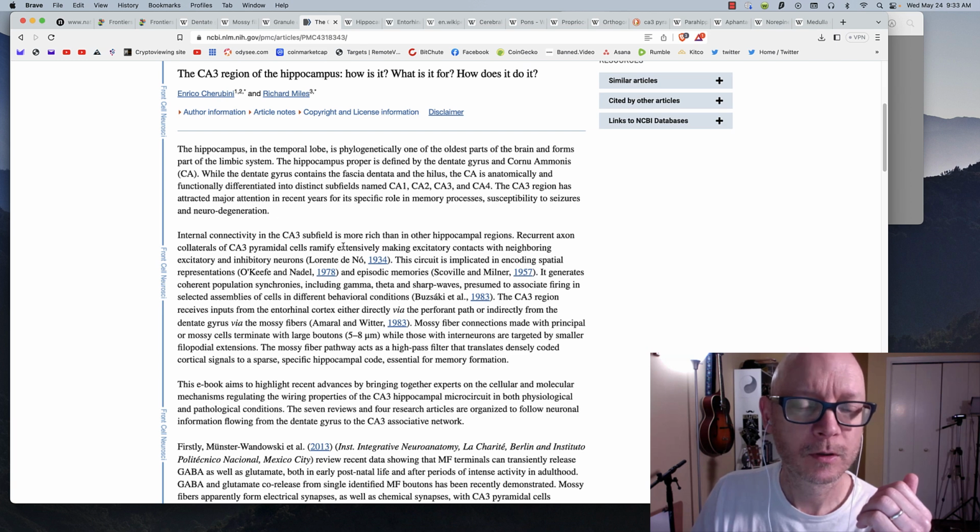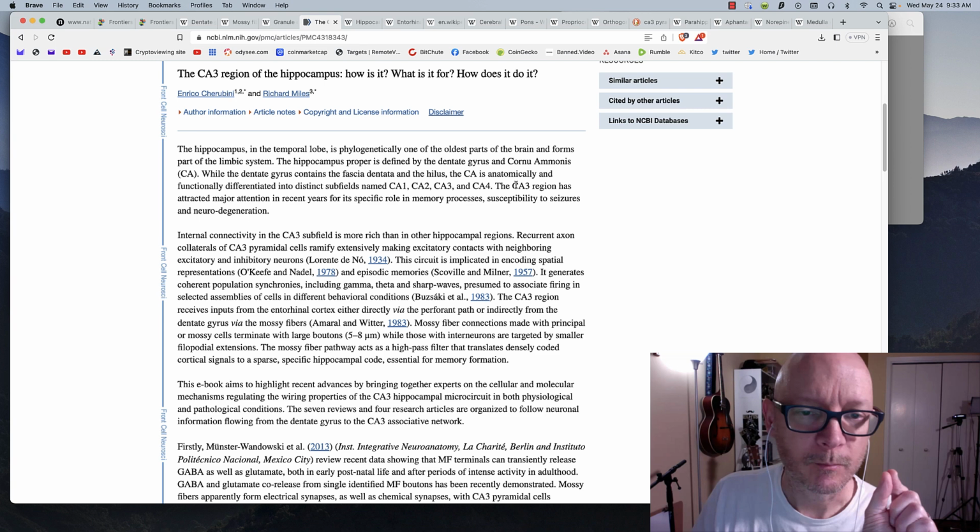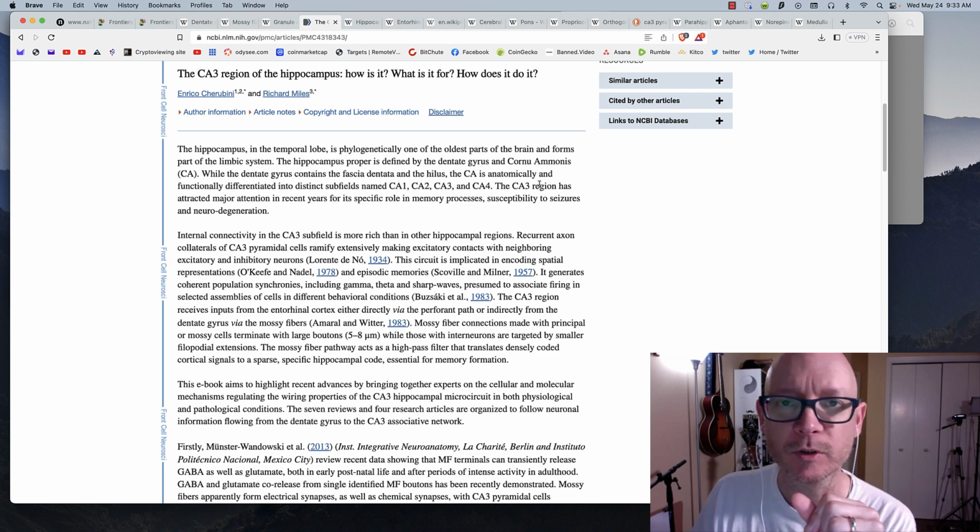This is where these impulses are pulled through the mossy fibers into the dentate gyrus and into what is considered the cornu ammonis 3 area, this region right here, that processes memory and also pattern recognition, where it's recognizing inputs and how they match existing memories.